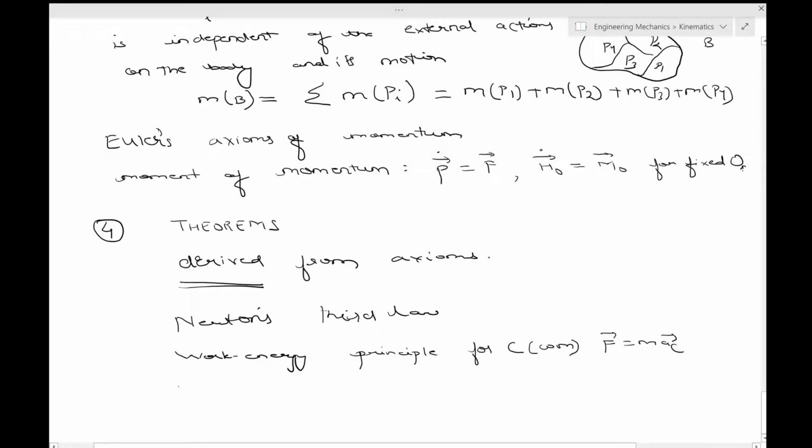Then you will have the impulse momentum, angular impulse.